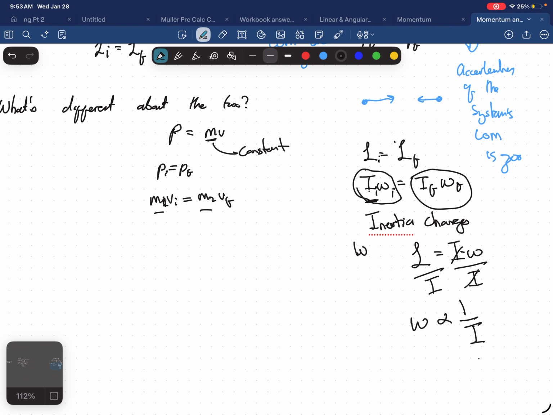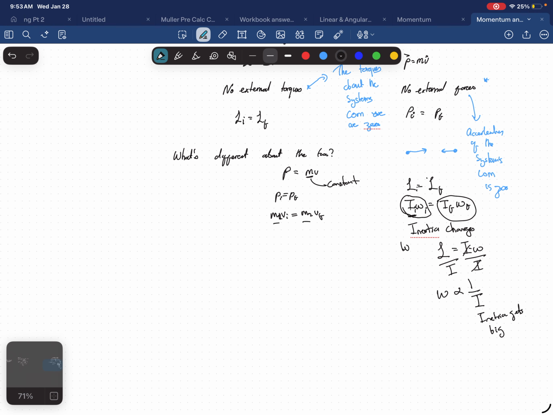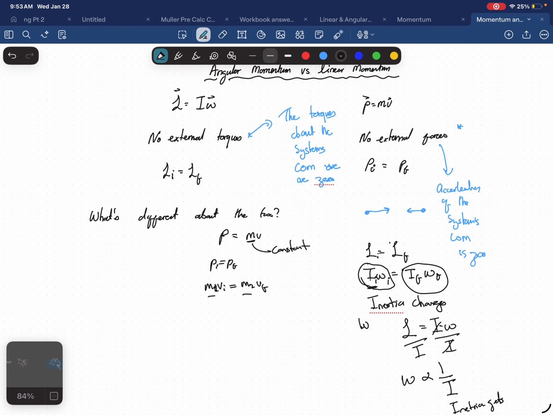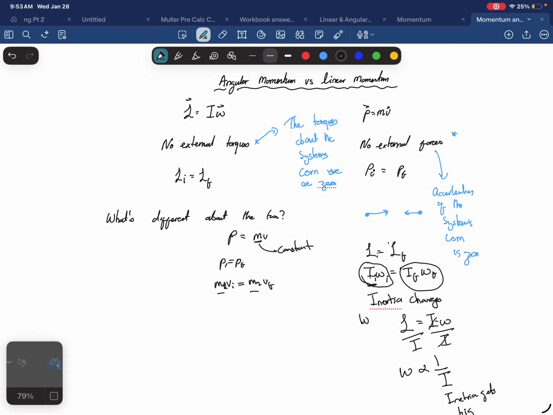When my inertia gets big, angular velocity gets small, because it's 1 over inertia, and 1 over a big number is a small number. And if my inertia gets small, angular velocity will get big. That's really what I want you to think about when coming across momentum problems.